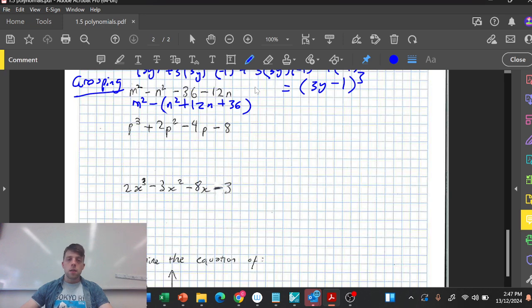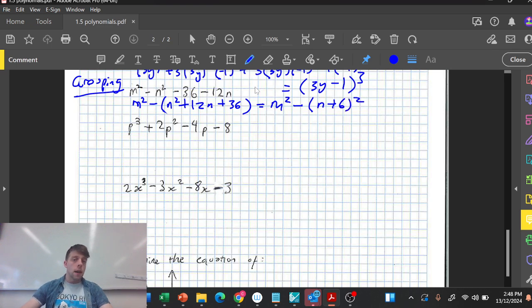We can now see that this is just simply a monic quadratic. So can we think of two numbers that add to give 12 and multiply to give 36? Well, 36 is 6 times 6, and 12 is 6 plus 6. So this is actually a perfect square, which means we can write this as m squared minus n plus 6 squared.